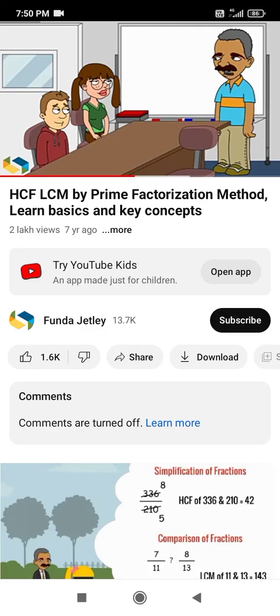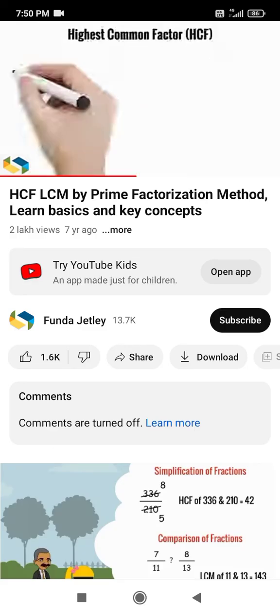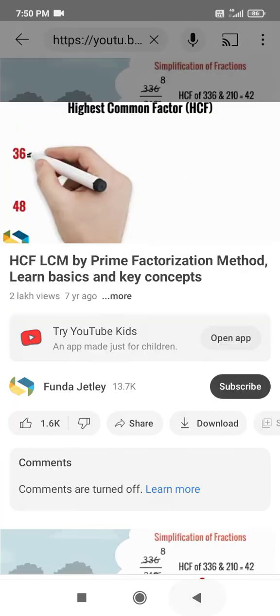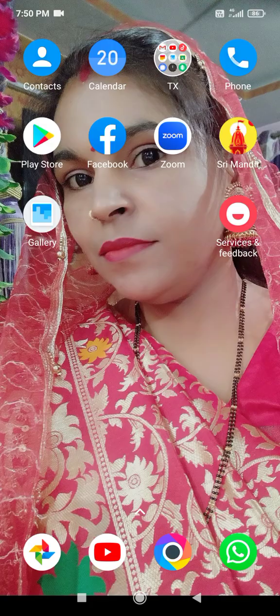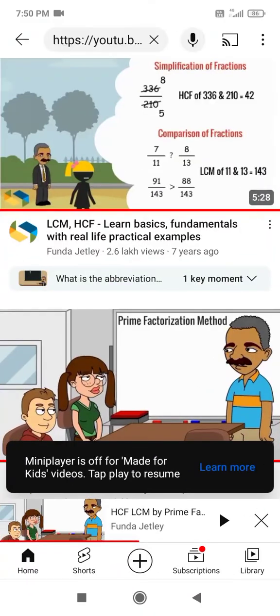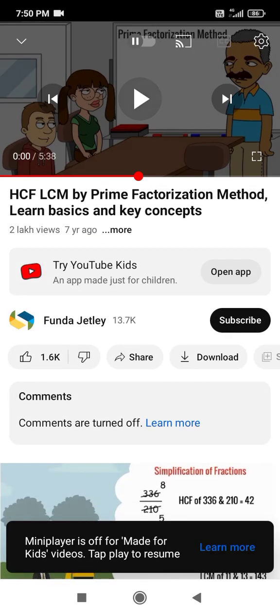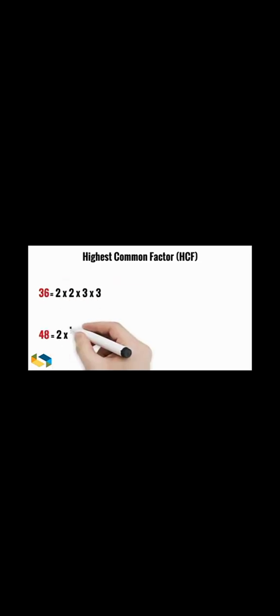Let's start with highest common factor or HCF. First, write down both these numbers as product of their prime factors, just as we did for the number 56 earlier.